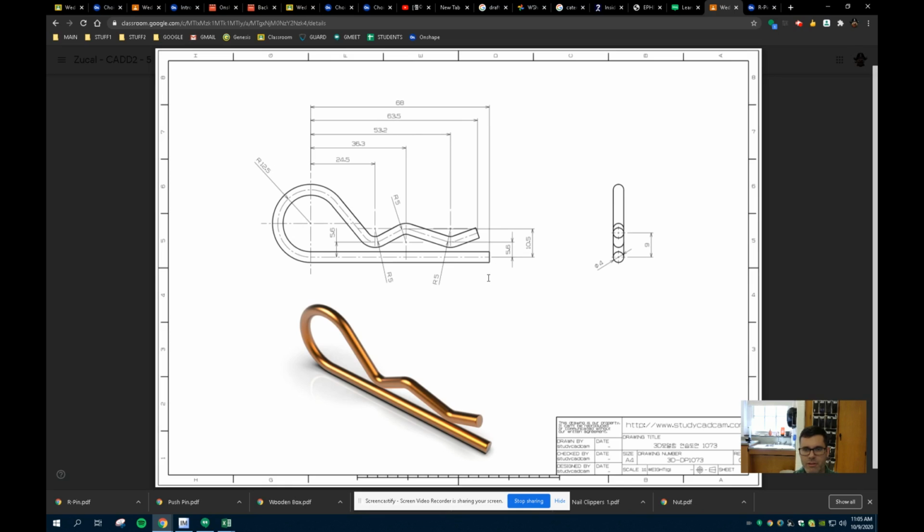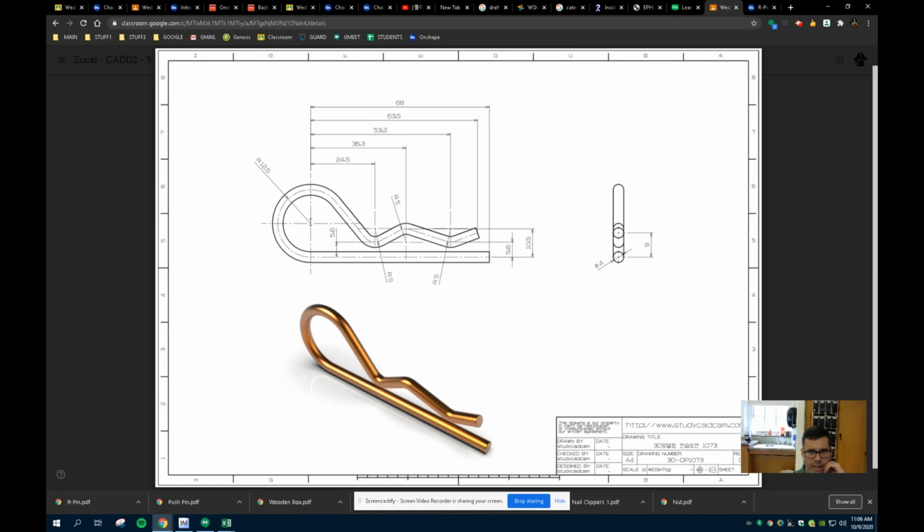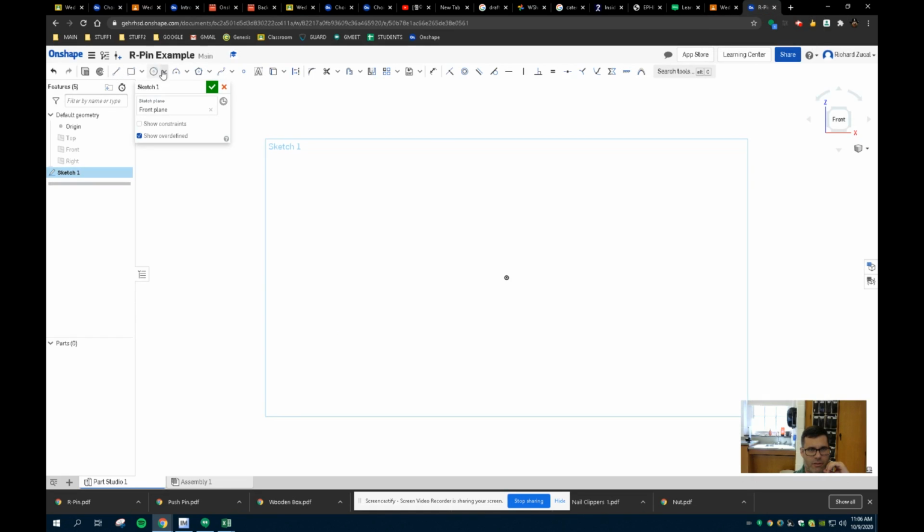I'm going to need a circle that has a radius of 12.5. So let's make that circle.